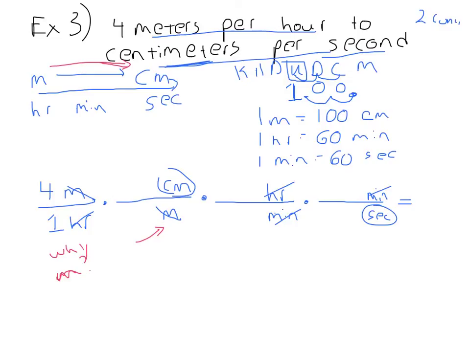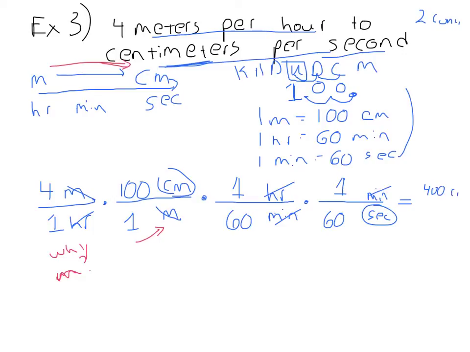Okay. Your numbers should be, and again, we have it right up here, this is why we do this: 1 meter is equal to 100 centimeters. 1 hour is equal to 60 minutes. 1 minute is equal to 60 seconds. Now go ahead and multiply across, write in your number. This should be easy. 4 times 100 is 400.